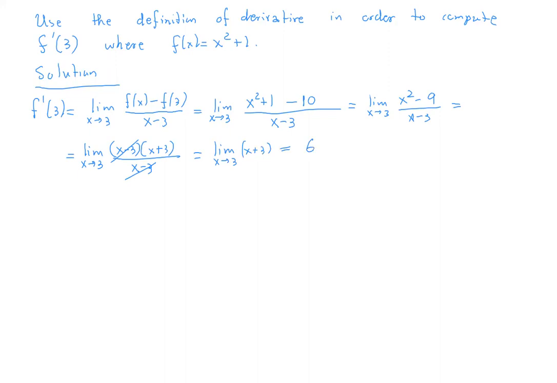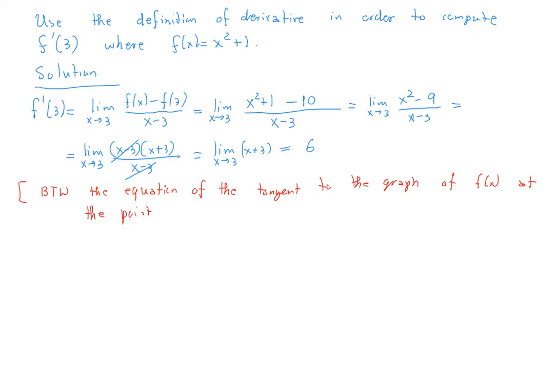And we can also, even though we were not asked to do that, say, by the way, the equation of the tangent to the graph of f of x at the point, what is the point?